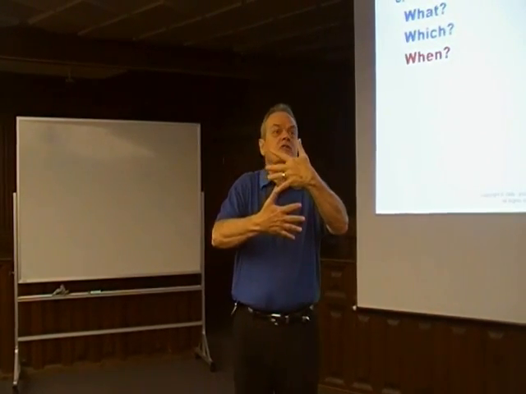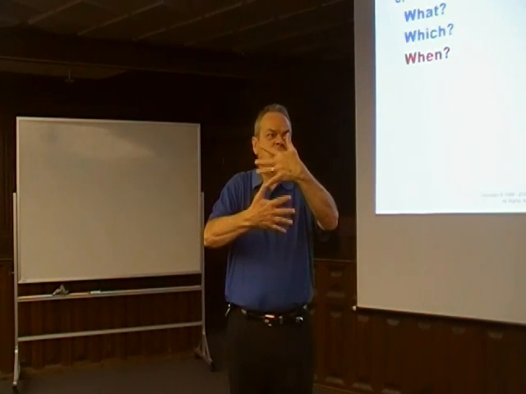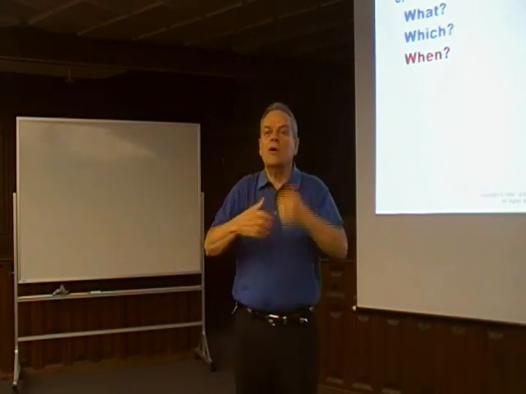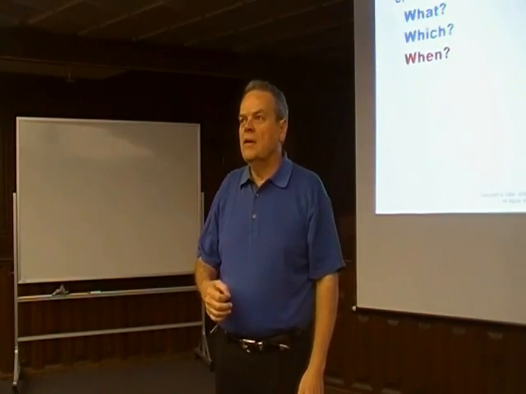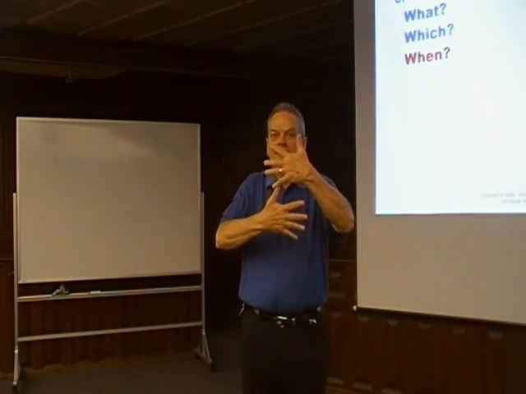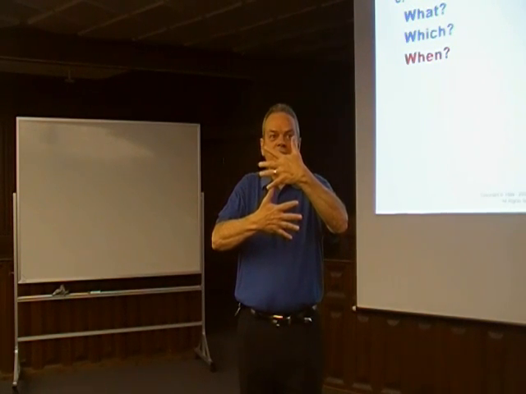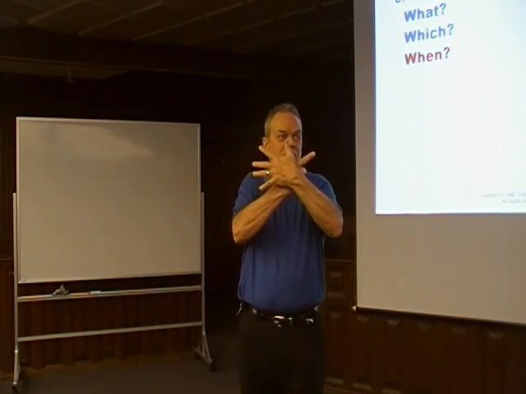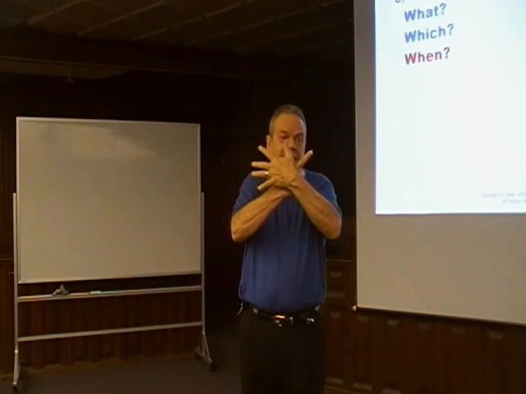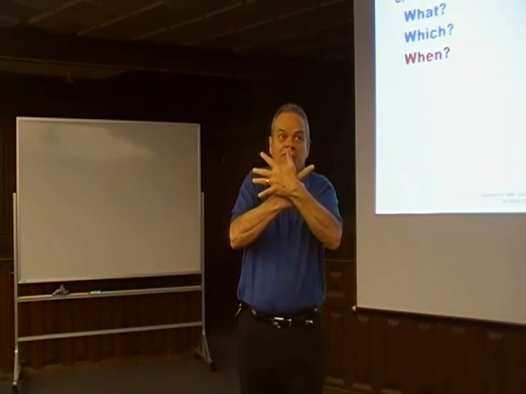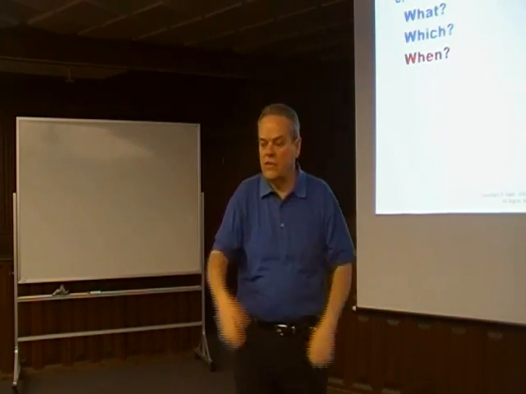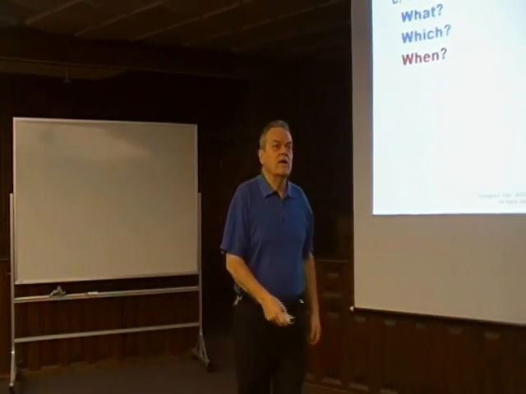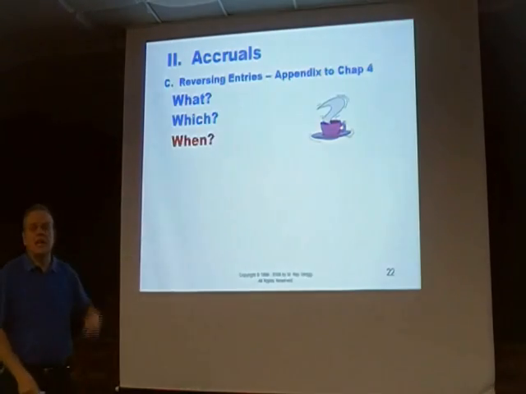So the next morning, the next business day, when you come to work, unlock the front door and go straight to the office and make reversing entries. Technically, reversing entries should be, I guess, item 1/2 before item 1. It's the first activity in the new year. You make reversing entries on the first day of the new year.